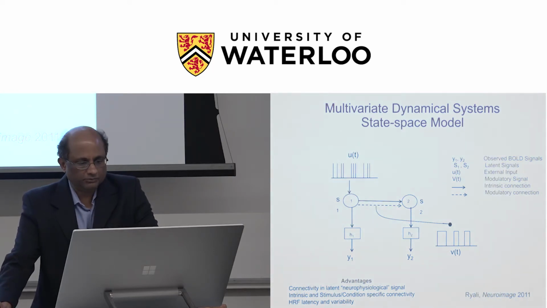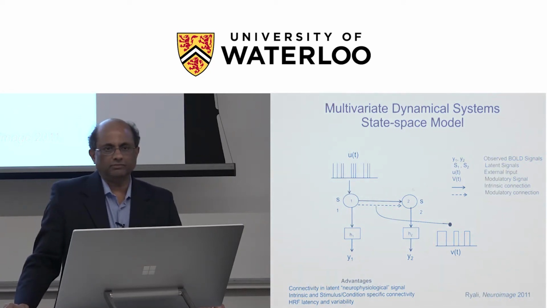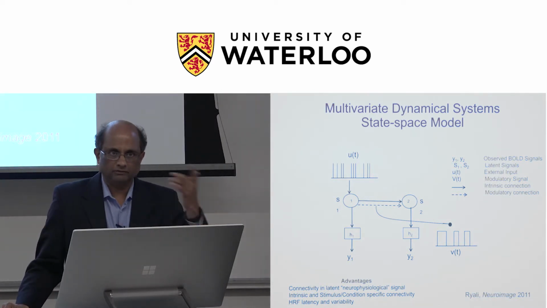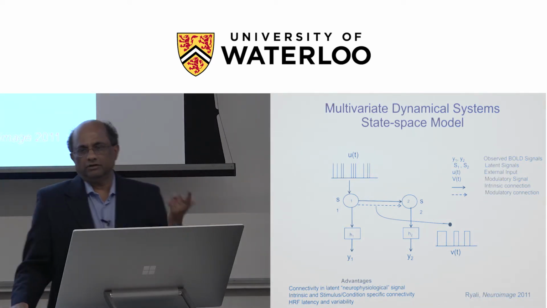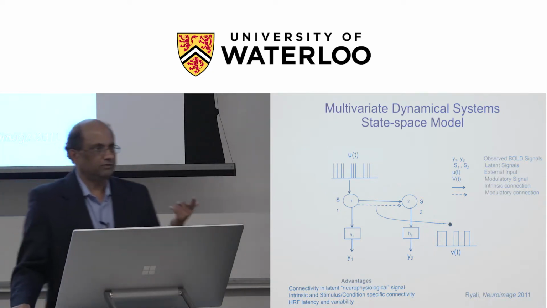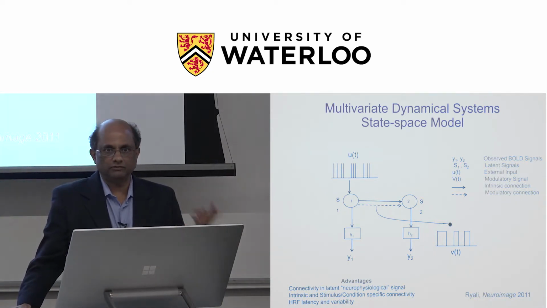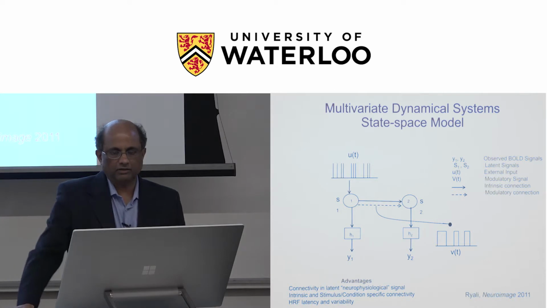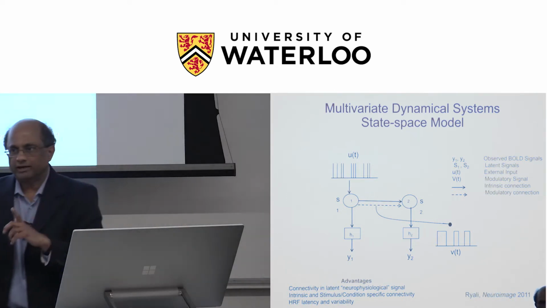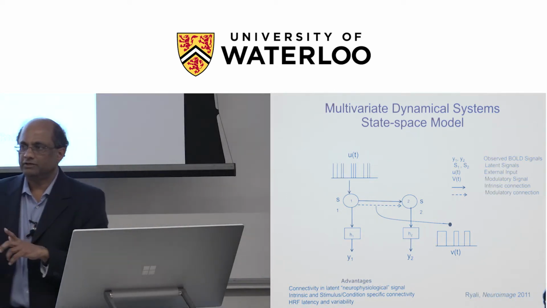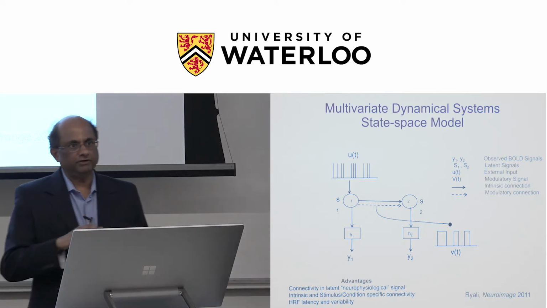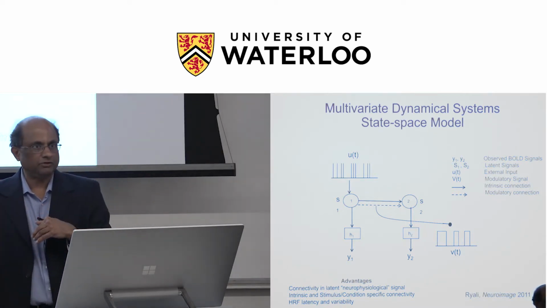Now, we've developed some new models to go beyond Granger causal analysis, because Granger has several weaknesses, including the fact that you can't assess trial-specific response causal influences. And second, when you look at causal influence in fMRI data, you do have to control for regional variation in the hemodynamic response function.